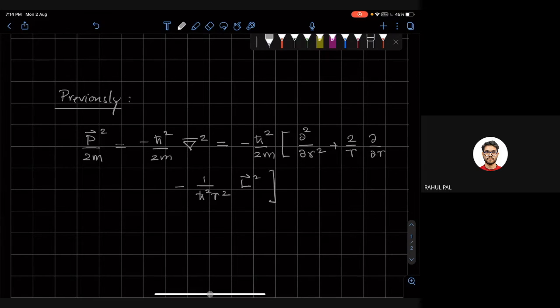All right, Moon, welcome back. Can you see the writing now? Moon? Yes, sir. Sorry, can you be a bit more loud? I can't hear you.